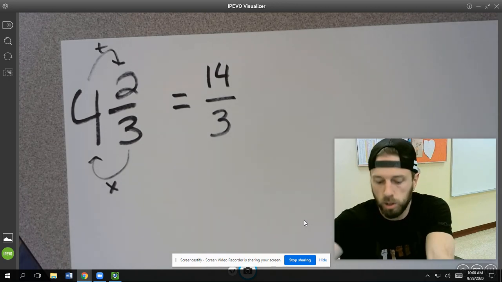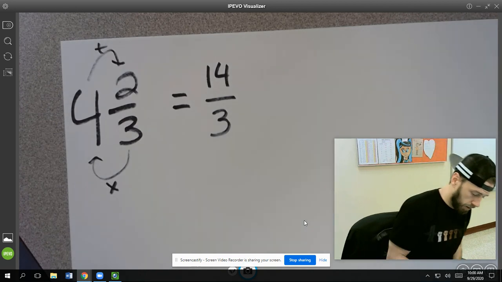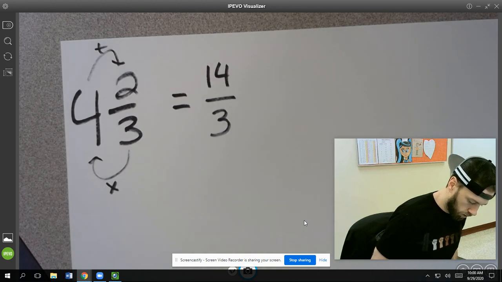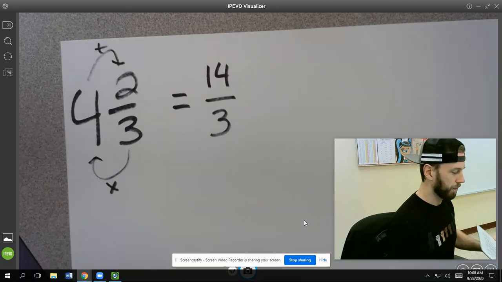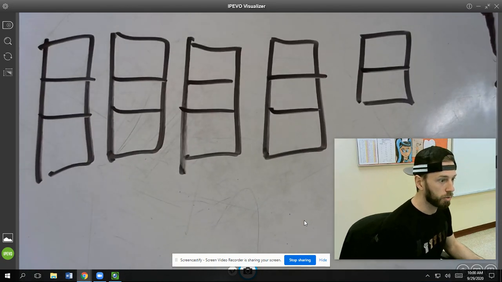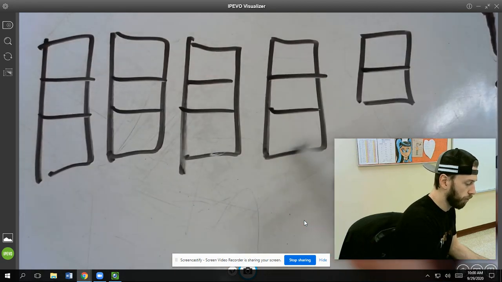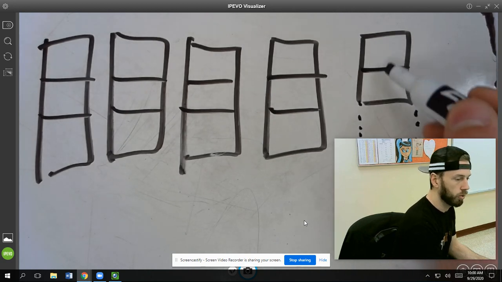And if I could show you guys really quickly to help you understand why this is, let's go 1, 2, 3, 4. Here is 4 and 2/3, right? This is 4, 1, 2, 3, 4 wholes, and then 2 out of 3.